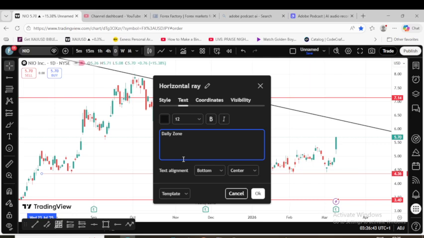I have another daily zone here. We have another daily zone here. At this region we have resistance that became support.